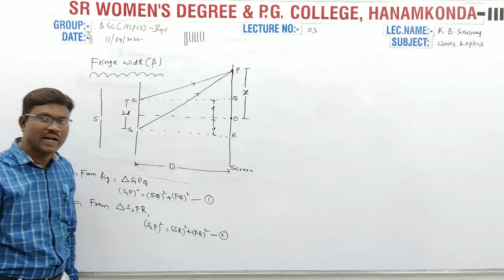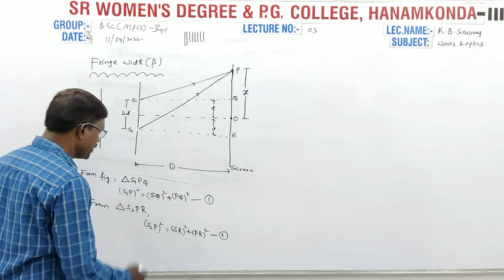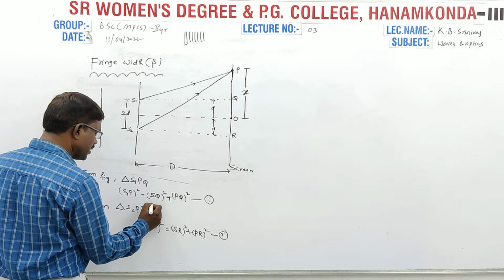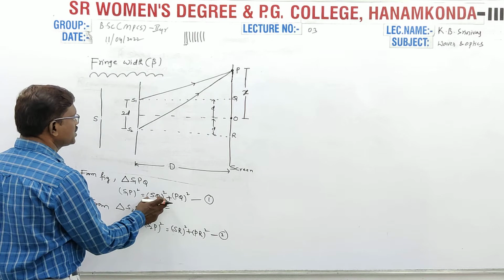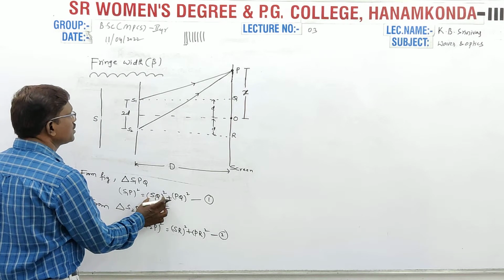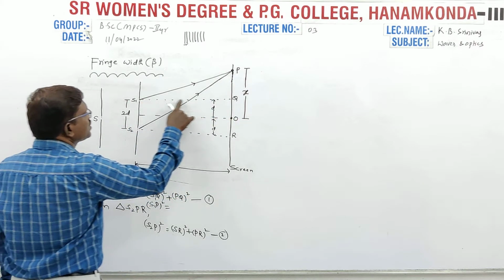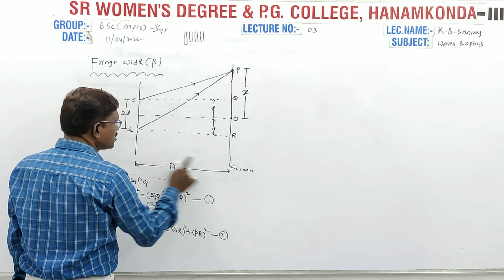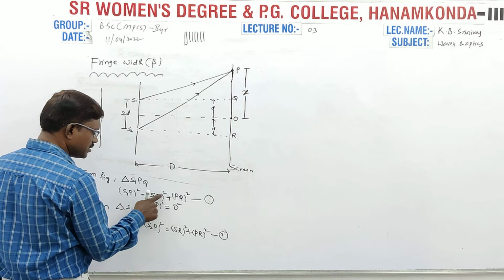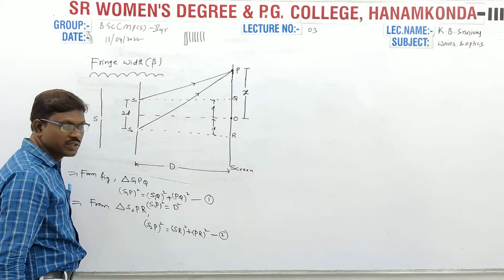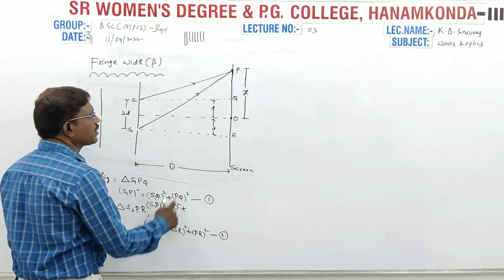I want to substitute the values of S1Q, PQ and S1P. Equation 1 can be written as S1P whole square is equal to, what is the S1Q value? This distance is equal to the distance between the slits and the screen. So S1Q can be represented by D, and since we have S1Q square, it becomes D square plus PQ square.